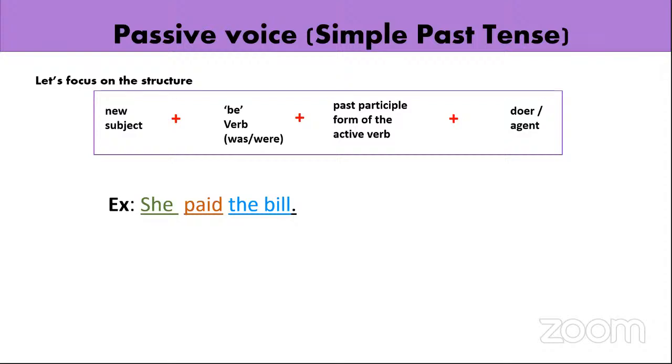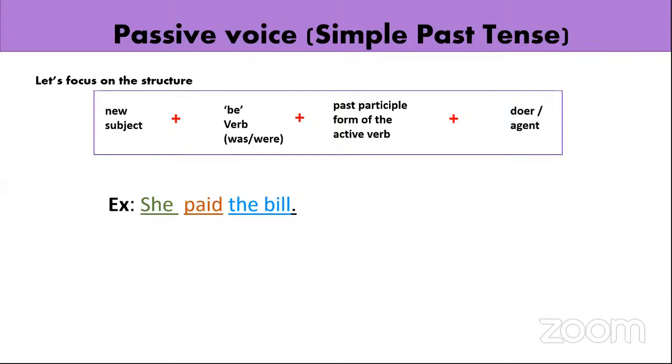It is in simple past tense. Then the same procedure. The most important thing is here you have to identify the tense by looking at the verb. When you look at the verb, earlier it was she pays. Here paid. So it is simple past tense.